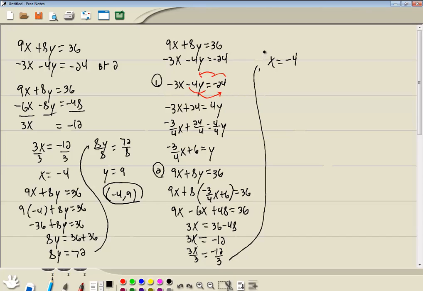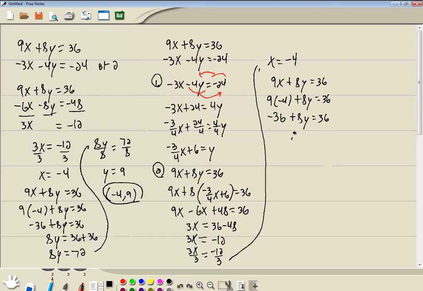You then want to plug that back into one of your equations. Doesn't matter which one, whichever one looks easier to you. I'll do the first one. 9x plus 8y is equal to 36. We just said x is negative 4. So I got 9 times negative 4 plus 8y is equal to 36. 9 times negative 4 is negative 36, plus 8y is equal to 36.